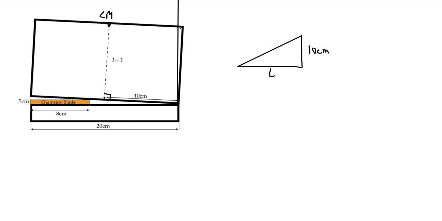Notice that since this is a 90-degree angle here, if we could figure out this tiny angle, that might help, because this side of the log is parallel to this line, so this angle would be congruent to this angle.